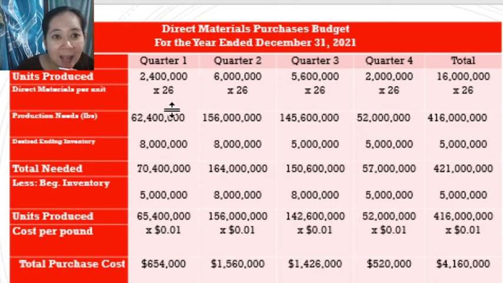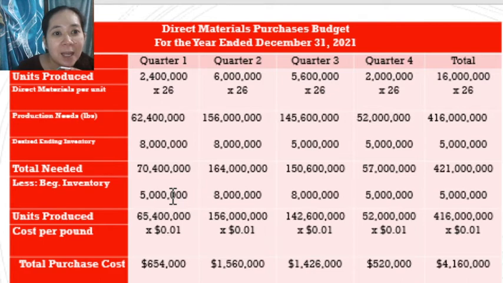By the way, this ending inventory is also in terms of pounds, so we are able to add these two. If you add these, these are our total needs in terms of pounds.